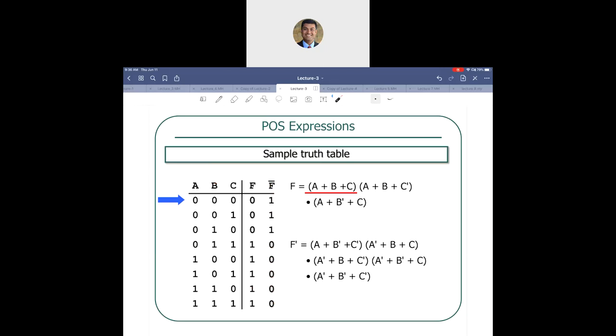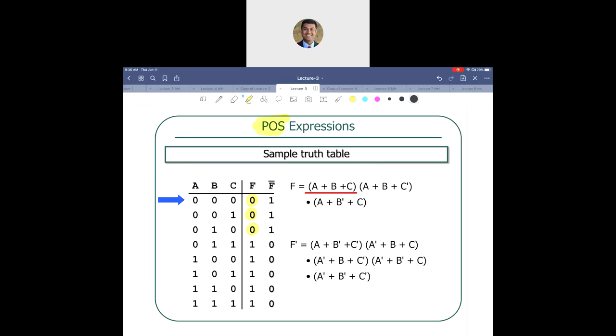But now, because we are focusing on product of sums, we will be dealing with max terms and the corresponding zeros in the truth table. So where are the zeros? For F, they are located in row 0, row 1, and row 2.